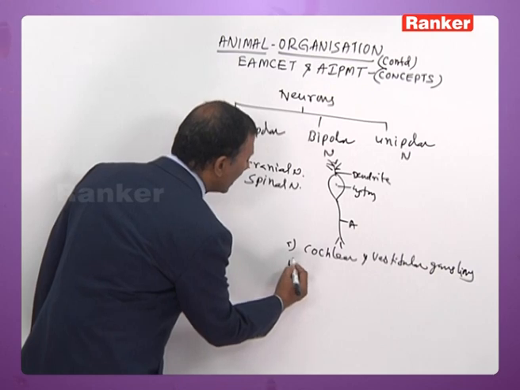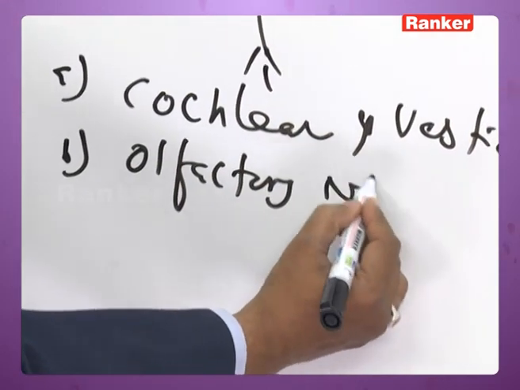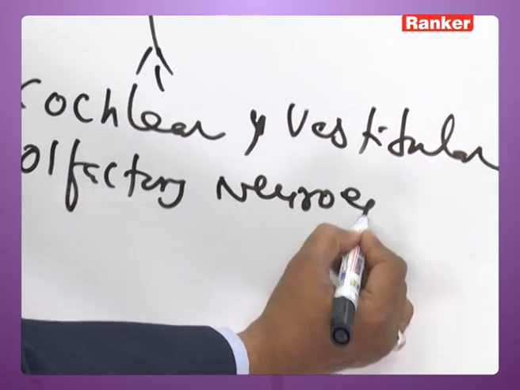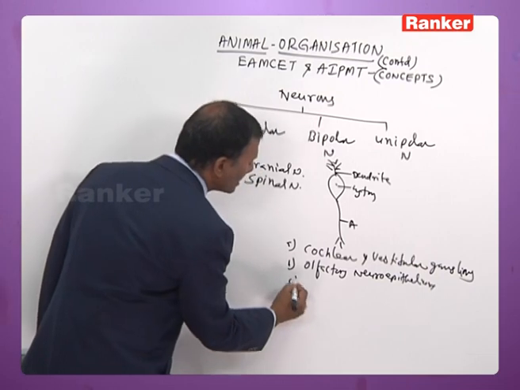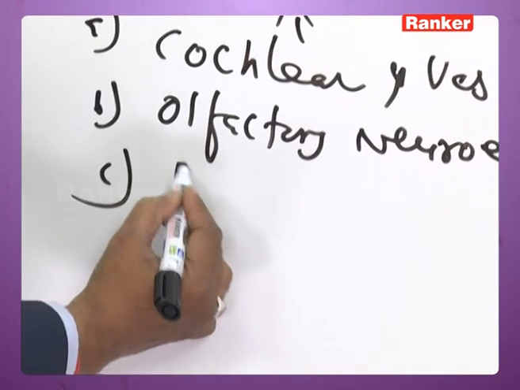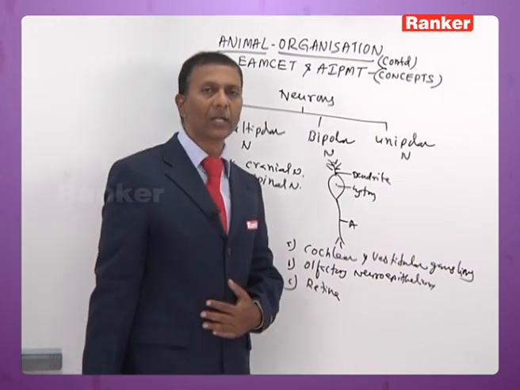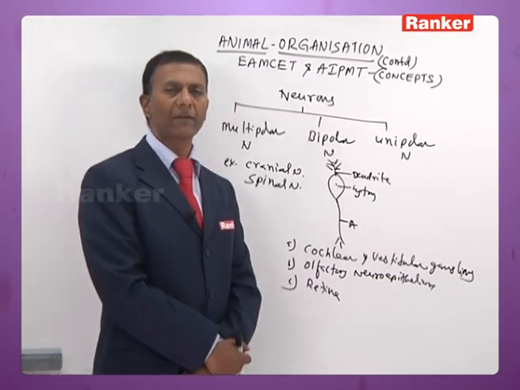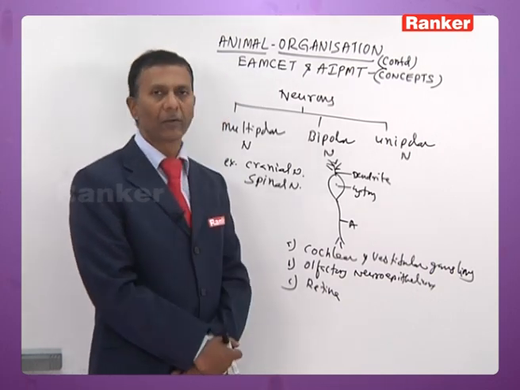They are also present in the olfactory neuroepithelium of nasal chambers, and in the retina of the eyeball. So in the retina, olfactory neuroepithelium, and cochlear and vestibular ganglions of the internal ear, bipolar neurons are present.